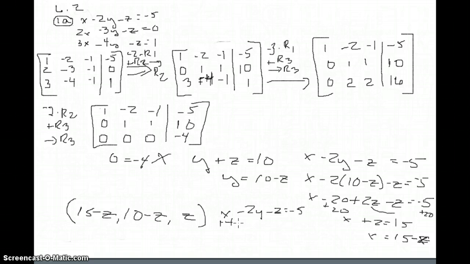So 14 minus 2 times 9, which is 18, minus 1 equals negative 5. And if you do that, you do get negative 5. That's a true statement. And if I put it in the other two, it would also work. So that's using the same technique, but not getting the same results at the bottom and how you handle that.